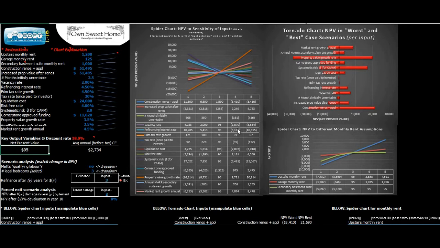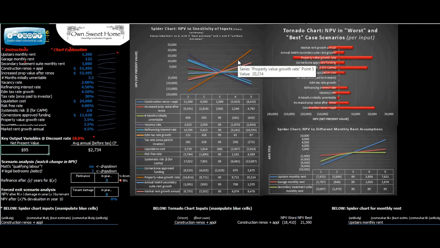Anytime you see a negative number, you're making a little bit less, potentially a lot less. So number 3 is the best guess, 2 and 4 are somewhat likely, 1 and 5 are fairly unlikely. Just looking at the slopes here, we can figure out what's probably our most sensitive variable. As you can see right there, property value growth. Point number 5 is definitely the most sensitive variable.